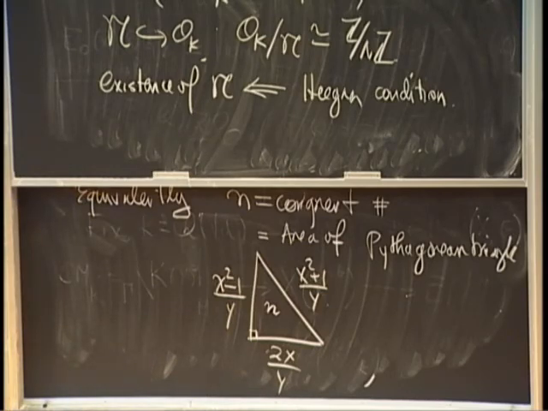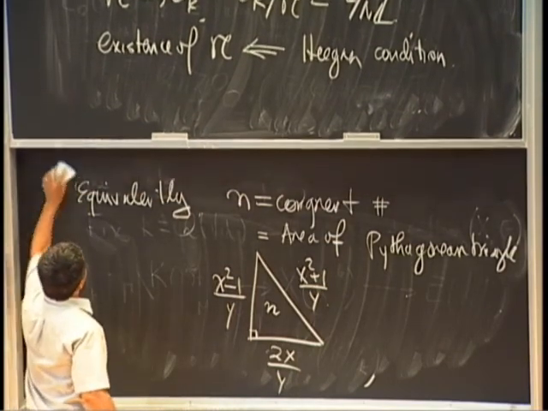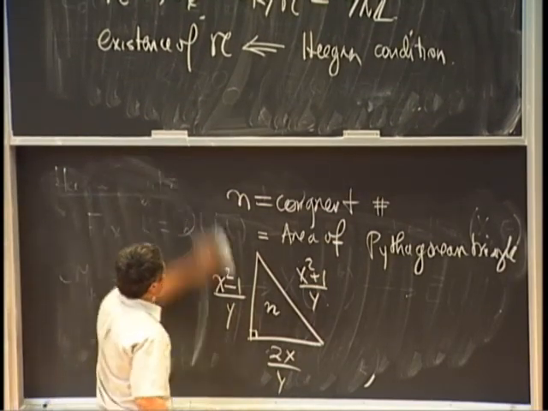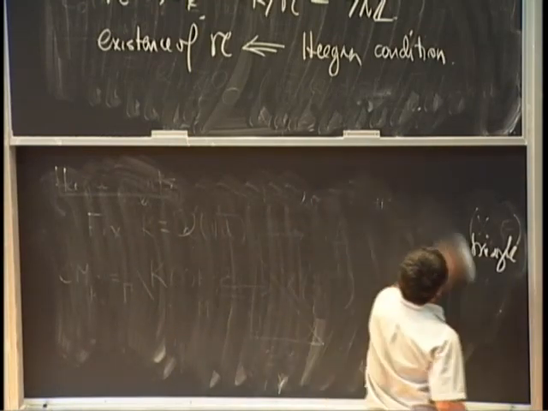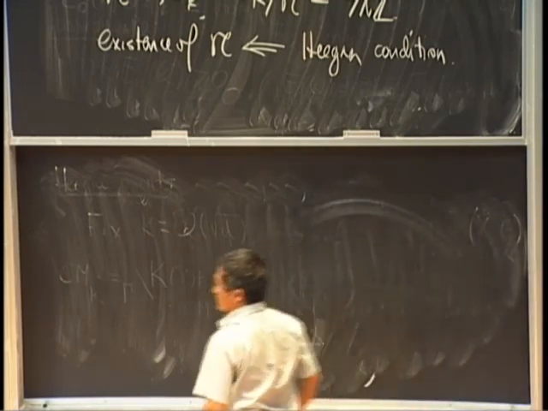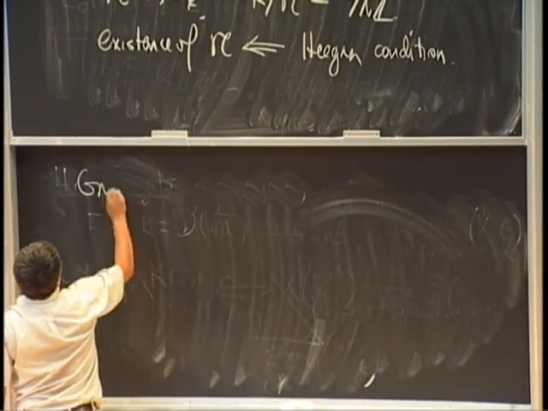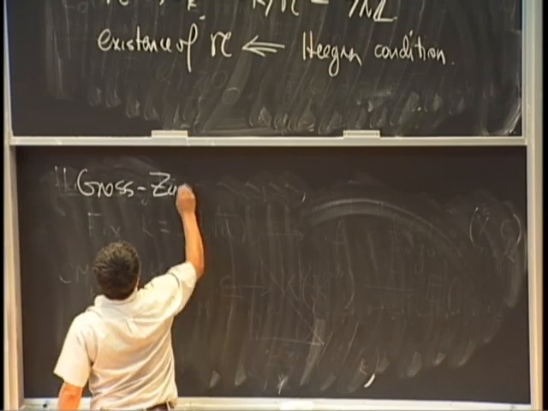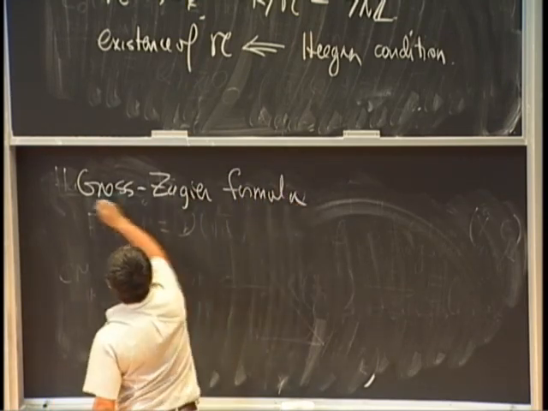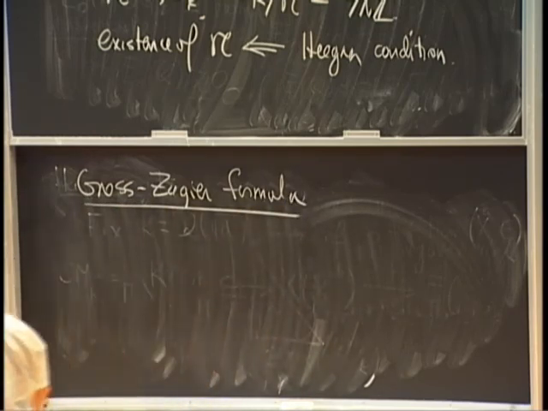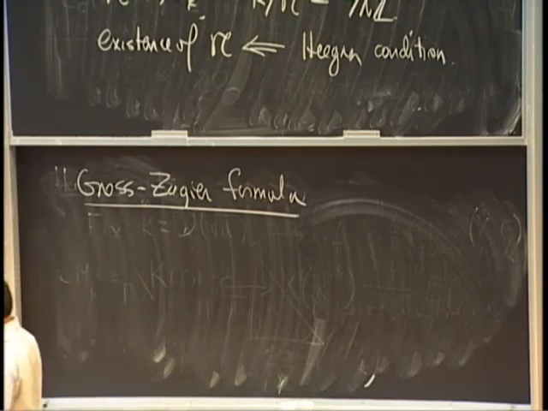Okay, so this is one theorem of Zagier, but in fact they prove much more than this. So the Gross-Zagier formula, maybe I write it down, is the following.